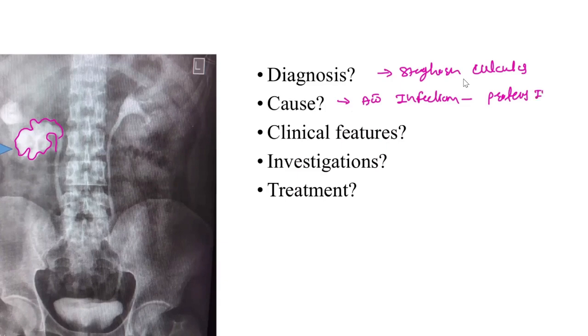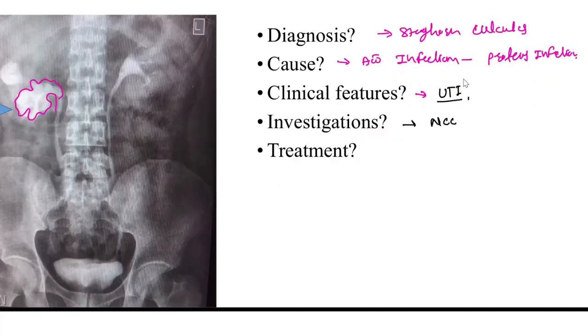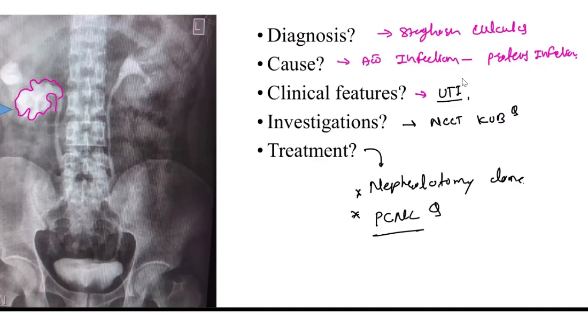What are the clinical features? Clinical features are due to the stone in the renal pelvis, which remains asymptomatic for a prolonged period, and then may present with features of UTI like burning micturition, and it may have features of hydronephrosis or pyonephrosis. Investigation is non-contrast CT, and treatment: for a large stone, nephrolithotomy is done, or if the stone is small, PCNL is done, percutaneous nephrolithotomy.